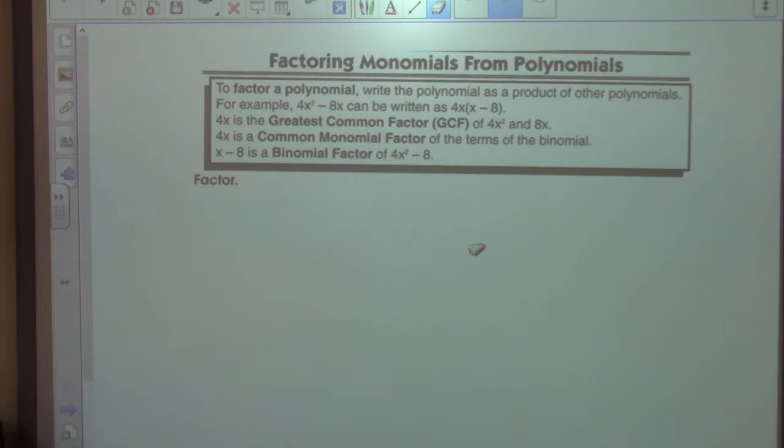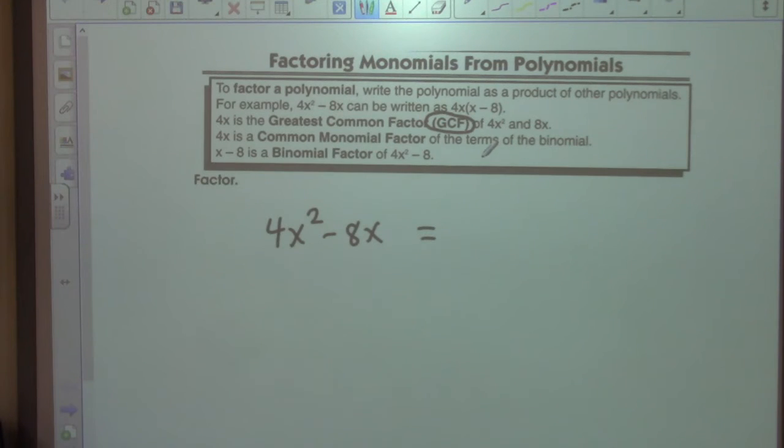And so in a similar, analogous way, we're taking a situation, and they give an example here, 4x squared minus 8x. What we're doing is we're factoring out, we're trying to find something called the greatest common factor, GCF. Have you ever heard of that before? Remember that from Algebra 1?